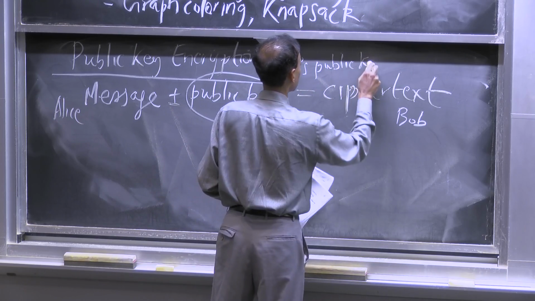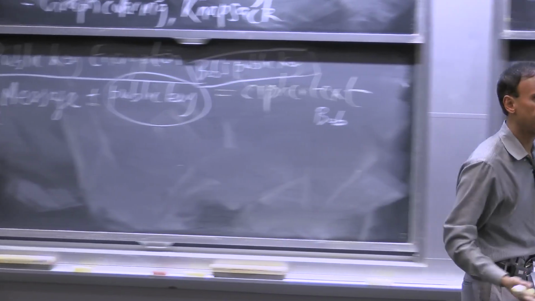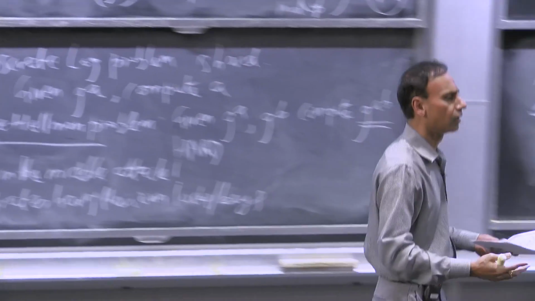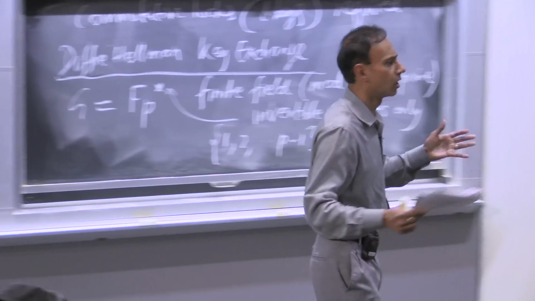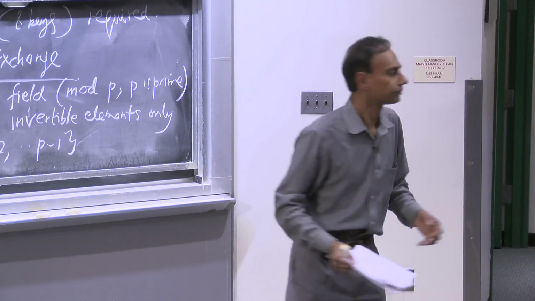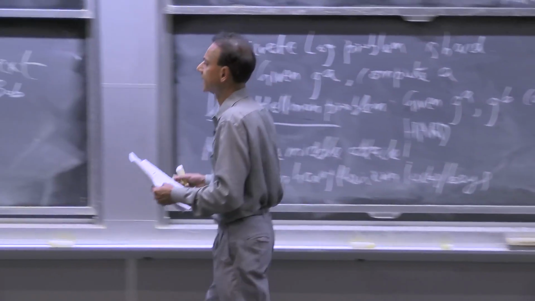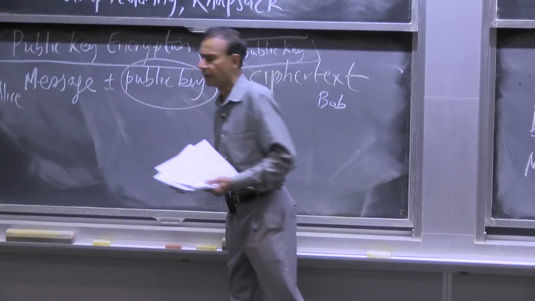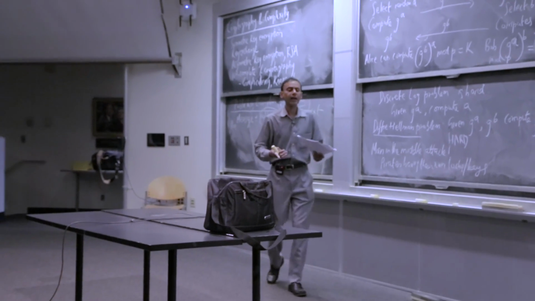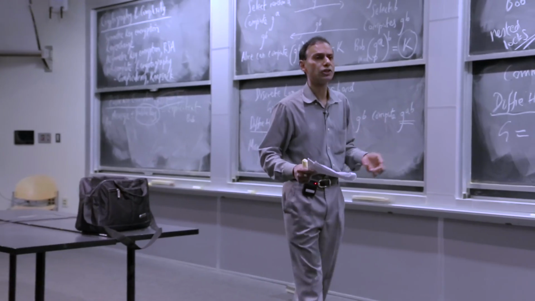And the fact that it's Bob's public key is something that Alice should be able to authenticate using VeriSign, using the Registry of Motor Vehicles, what have you. That's what's going to protect against the man-in-the-middle attack. We're not going to talk a lot about how you can get a certificate. Your MIT certificate corresponds to your MIT ID. It's got information, what year you are, what your name is.